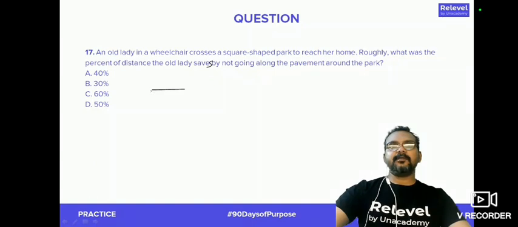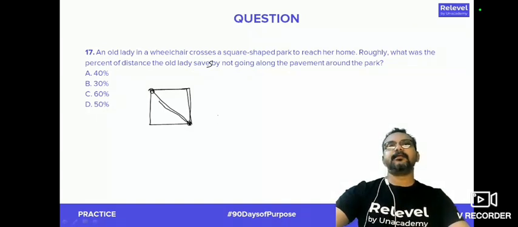So what they're possibly trying to ask is if she has to cross a square-shaped park, possible ways of crossing it would be going along the diagonal, or going along the two sides. So if I take the sides as S and S, then this side is clearly S root 2. Root 2 is 1.4, so that's 1.4S.